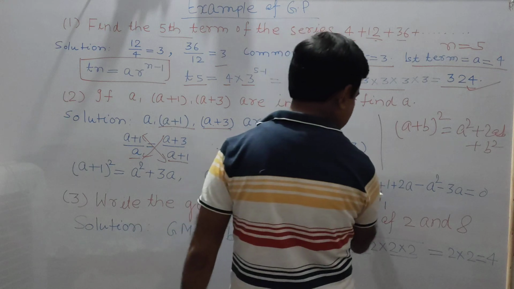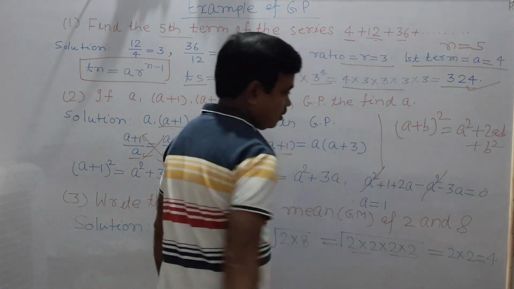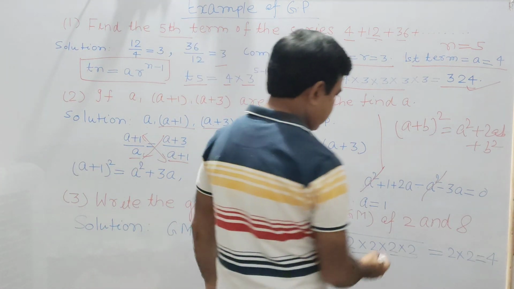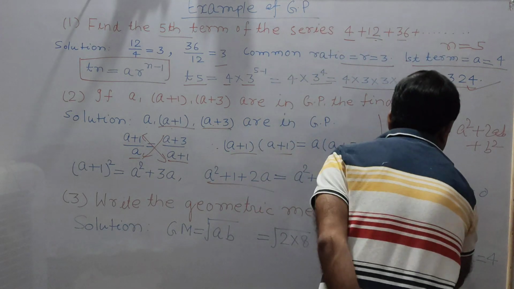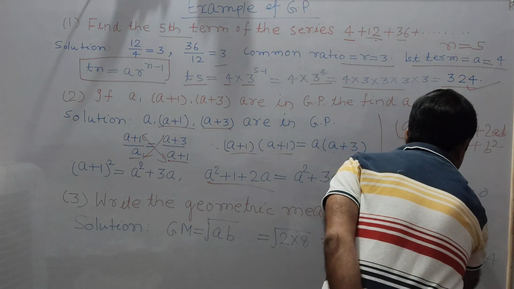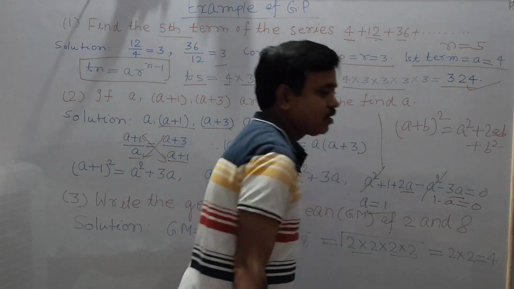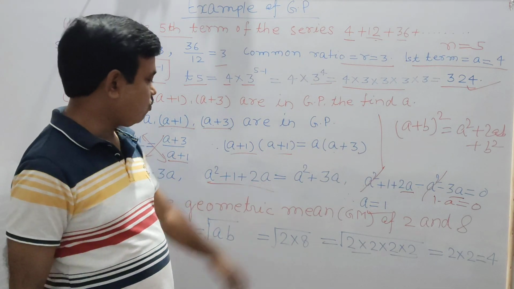Then a square plus 1 plus 2a minus a square minus 3a. A square will cancel because both are the same value, and 2a minus 3a means 1 minus a equals 0. This means a equals 1. Then the value of a is 1.